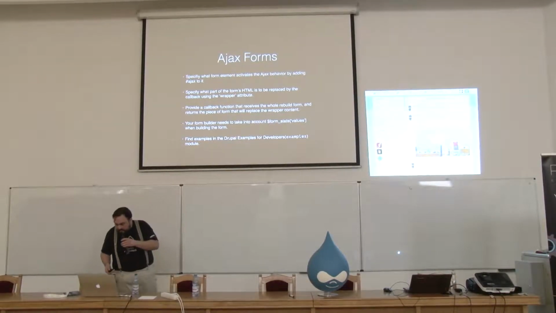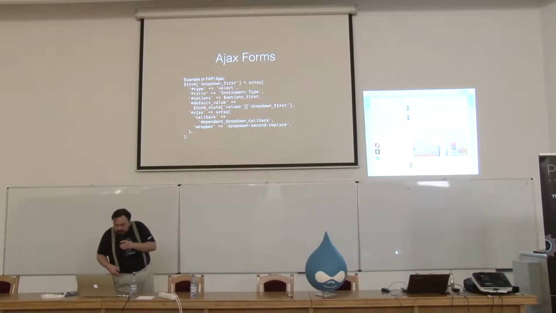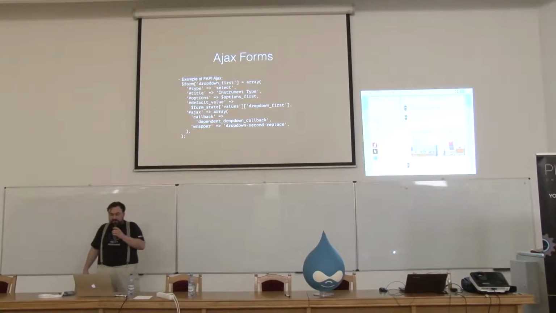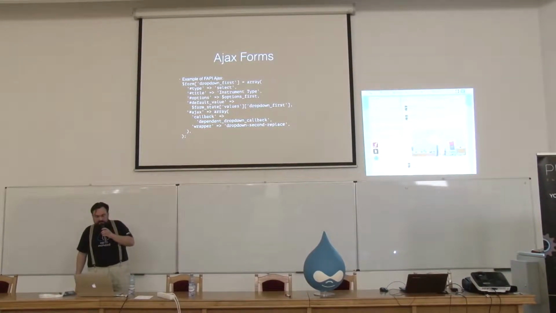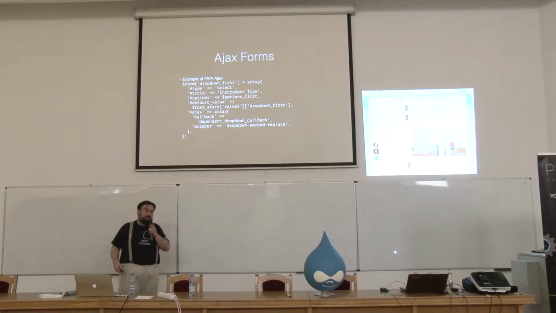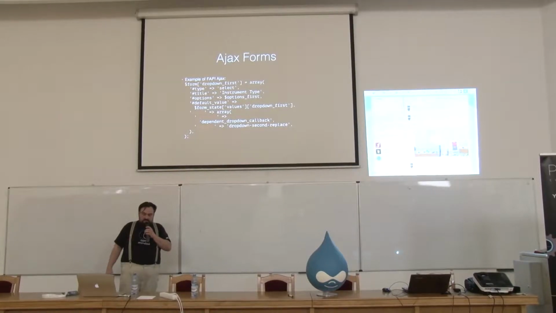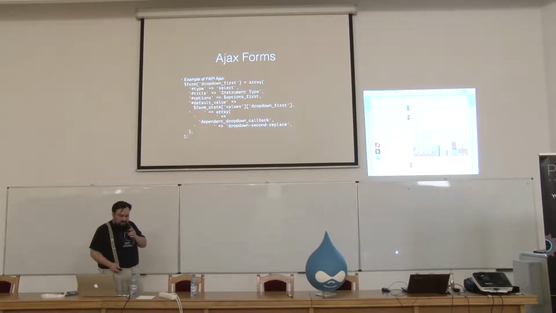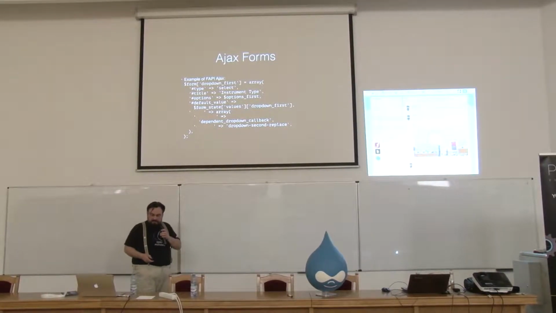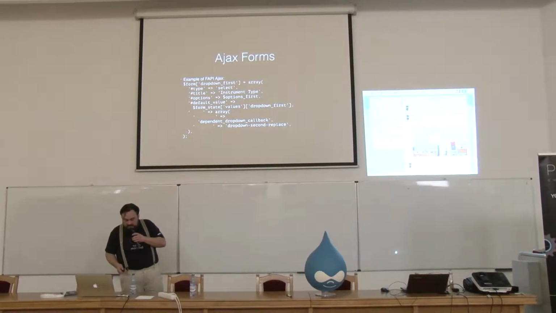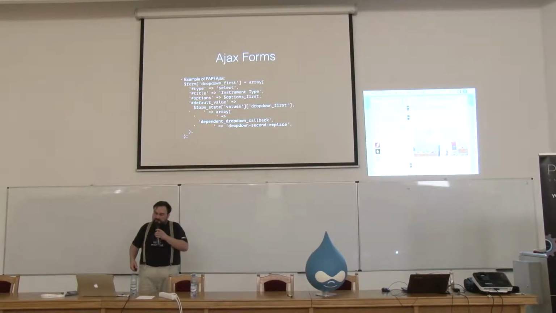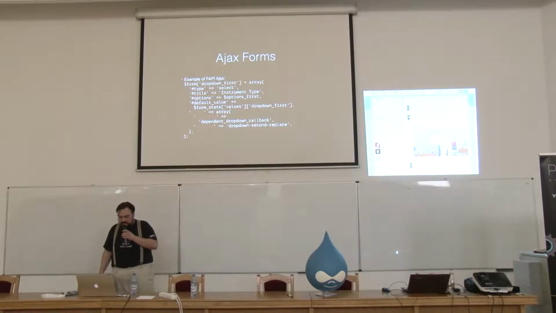And I will have one now, where you have two dropdowns, and the values from the second dropdown are based on the value from the first dropdown. On the first dropdown, we define an Ajax that works with Ajax. The callback is dependent dropdown callback, and the wrapper of the content that will be replaced is dropdown second replace.